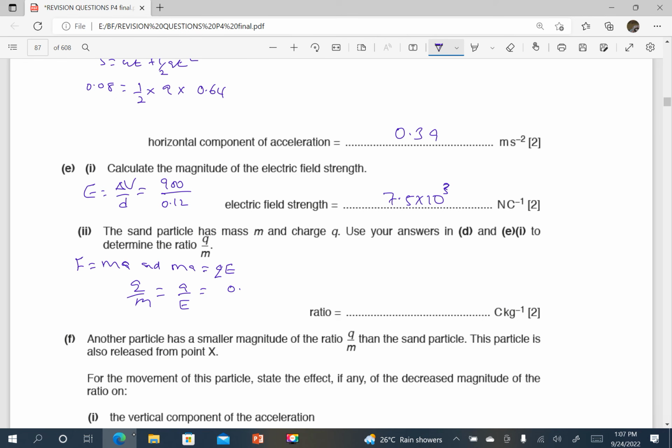So this will be 0.39, that is the acceleration, divided by the electric field strength, 7.5 times 10 power 3. When I press my calculator here, this is giving me 5.2 times 10 power negative 5 coulombs per kilogram. That is the ratio. Of course, q over m is called the specific charge.